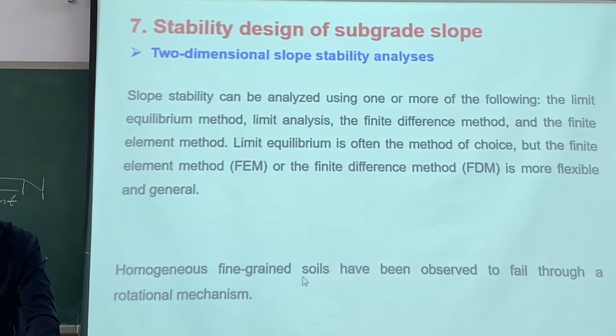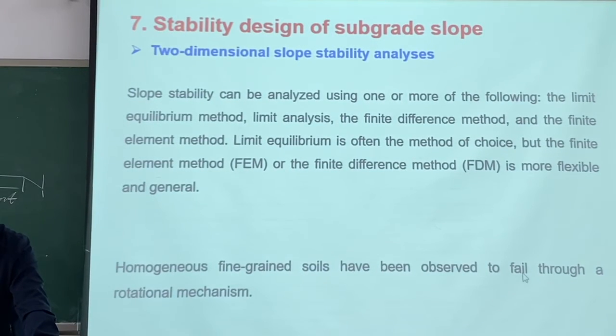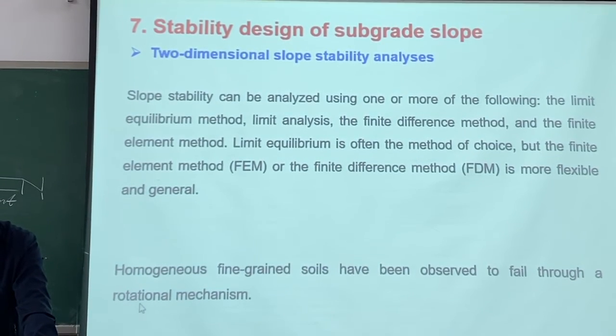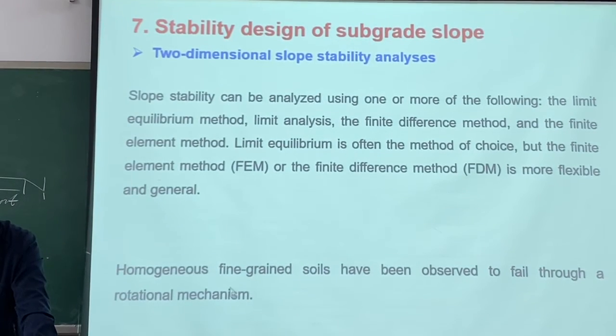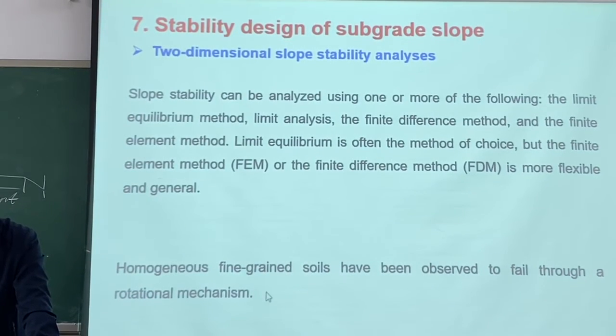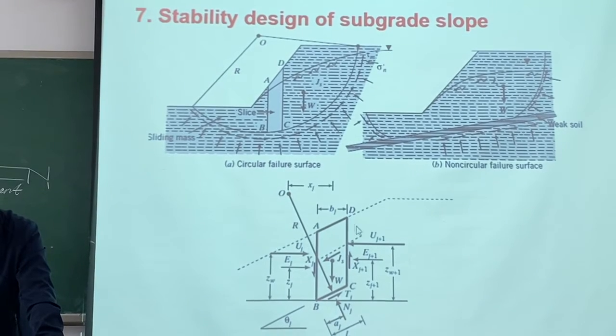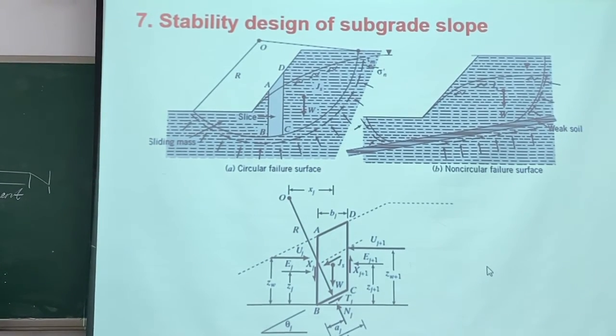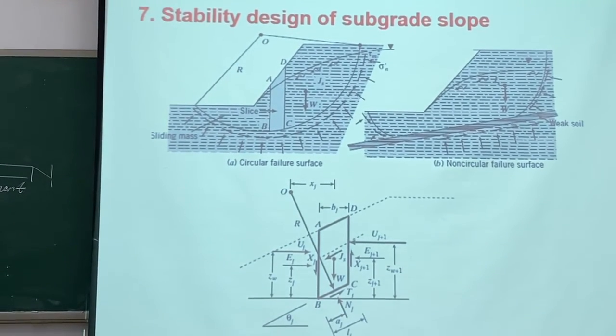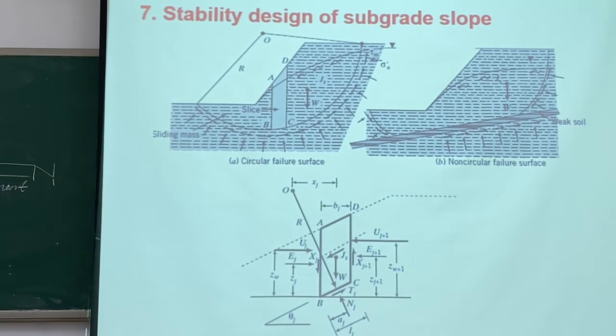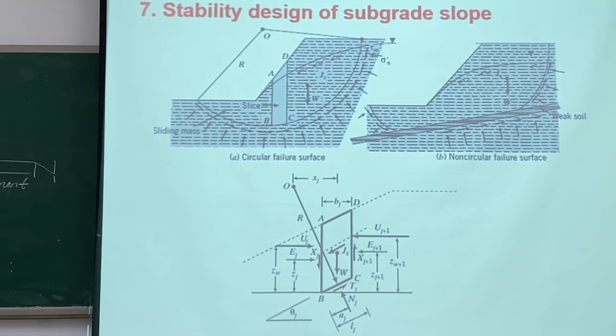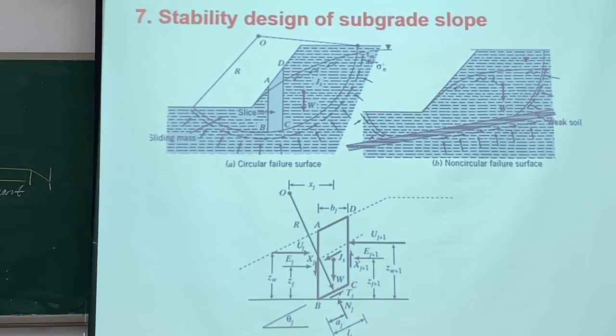Homogeneous fine-grained soils can be observed to fail through a rotational mechanism. From this picture, we can know that this is a two-dimensional slope failure.